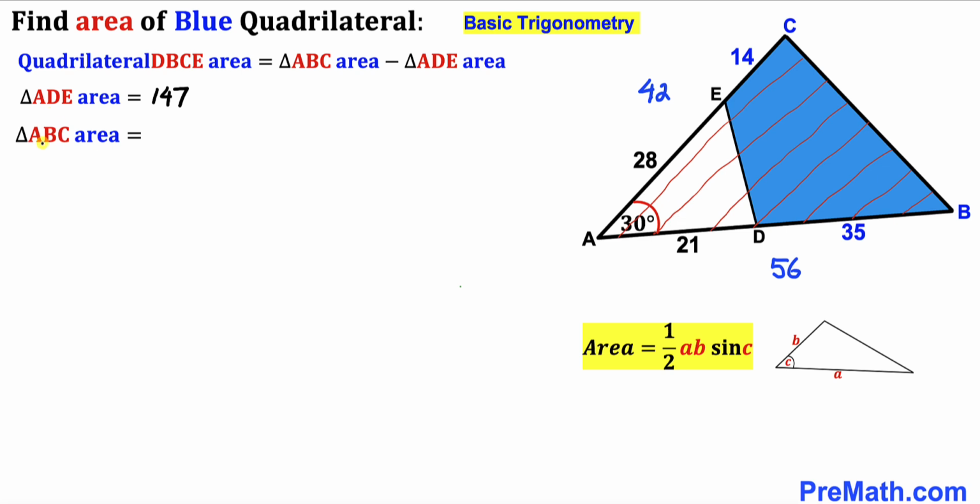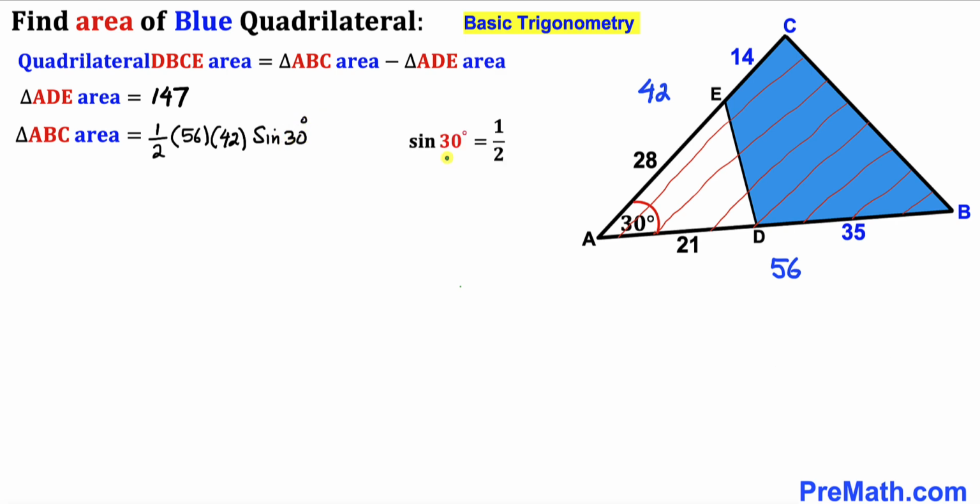So the area of this big triangle ABC is going to be a half times 56 times 42 times sine of 30 degrees. And once again, sine of 30 degrees is 1 divided by 2, so I'm going to replace it by 1 over 2.